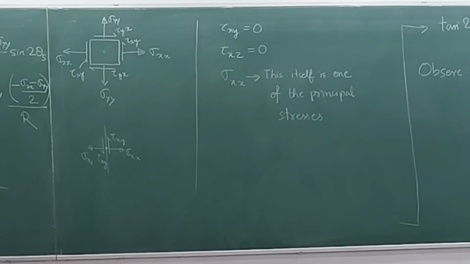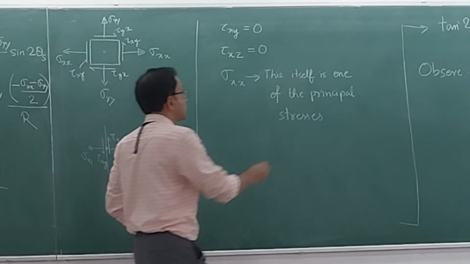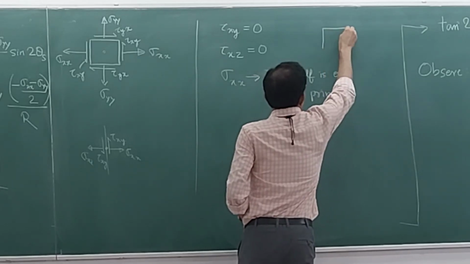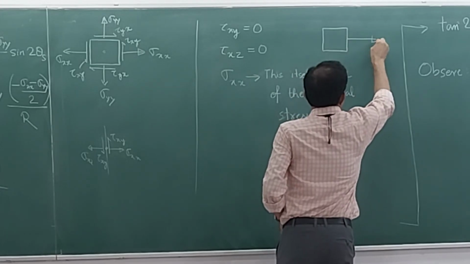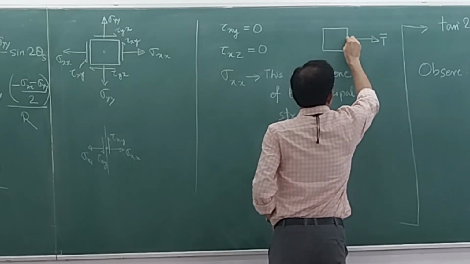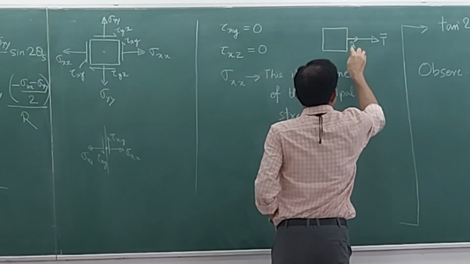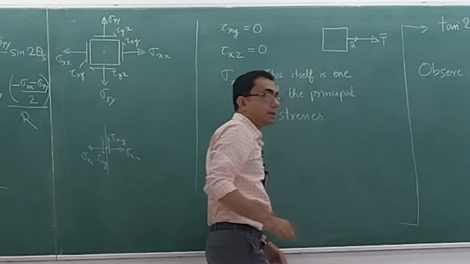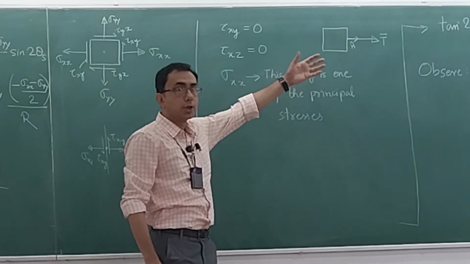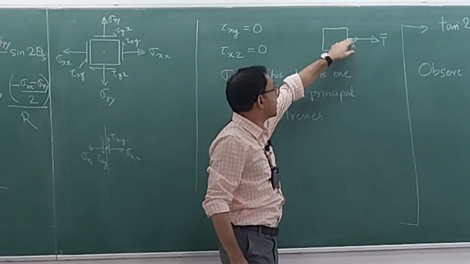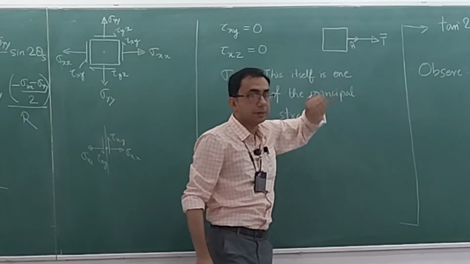And when there is no shearing component of the traction vector, then you do not have any shearing component of the stresses either. So in this kind of situation, in this stress element, the traction vector is like this. This is the n hat, the traction vector is oriented along the n hat itself, and it has no opportunity to contribute anything in the shearing direction, either in the plane or out of the plane.